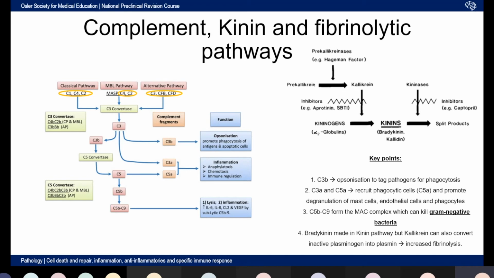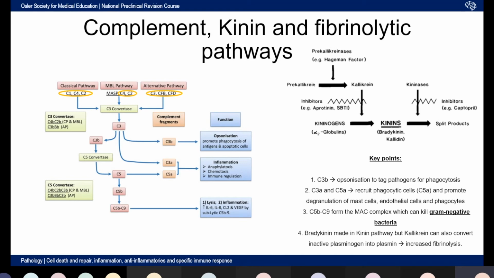And the caveat is that it only kills gram-negative bacteria. So it's not gram-positive also. The reason for that is that gram-positive have very thick membranes, so they're not susceptible to MAC complexes, whereas gram-negative have very thin membranes, so they are very susceptible to it.